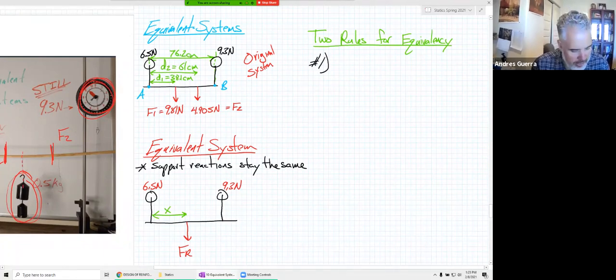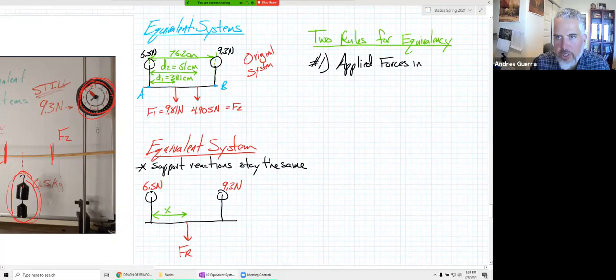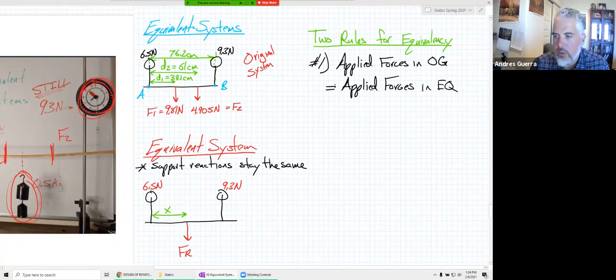Rule number one is that the applied forces in the original, or can I call it the OG, have to be equal to the applied forces in the equivalent, or EQ. From rule number one, we know that FR is going to have to be equal to F1 plus F2. So that's our first rule.